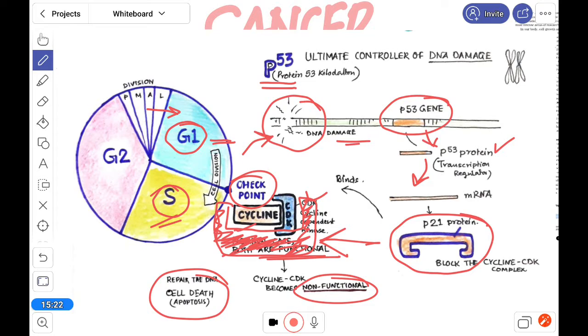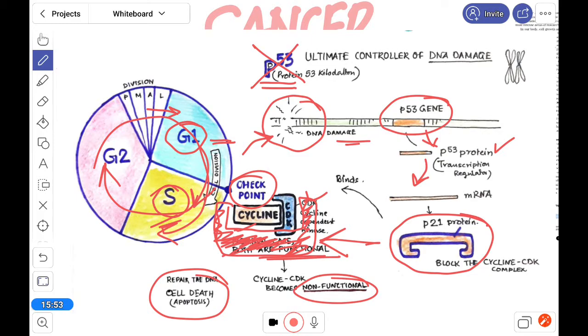Now just imagine when this is not there in your body and it is mutated, so it will not work. Then G1 will run with defective things, and in that way the cell regulation will lose control, and a huge cell mass will form. That is the malignant tumor.